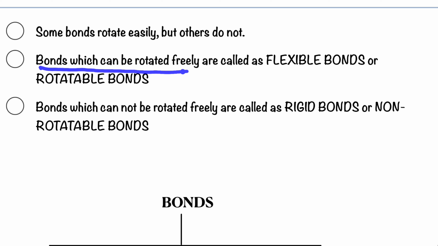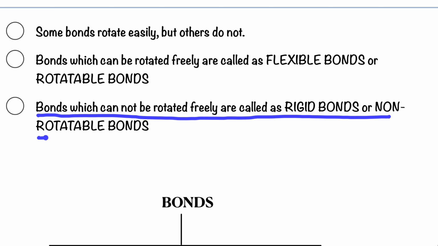Bonds which can be rotated freely are called flexible bonds or rotatable bonds. Just now we discussed the C-C single bond, that is a flexible bond or a rotatable bond. Bonds which cannot be rotated freely are called rigid bonds or non-rotatable bonds.